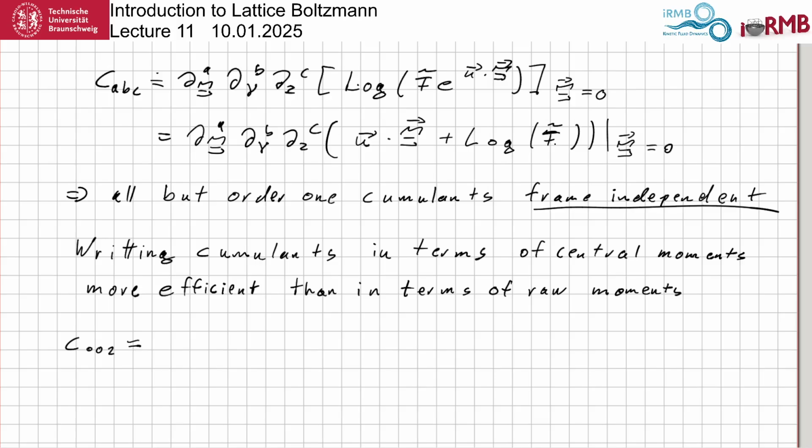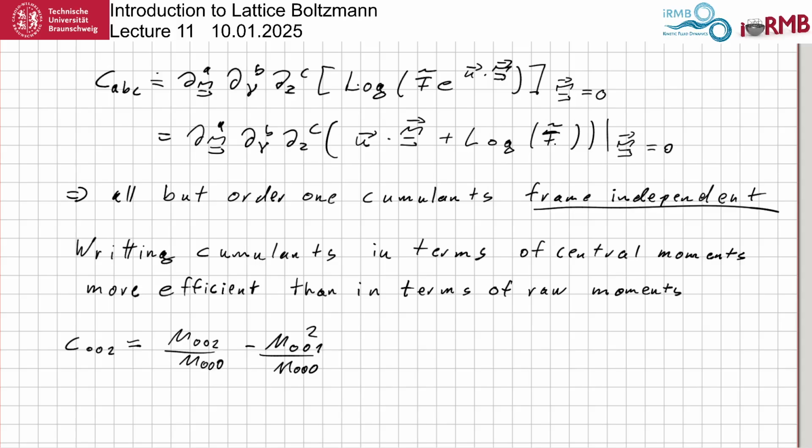It's not so obvious for the low order cumulants, but there it's easier to actually write them down. Say we're talking about C002, then we get this to be M002 divided by M000 minus M001 squared by M000. And this cumulant has to be the same in whatever frame of reference.